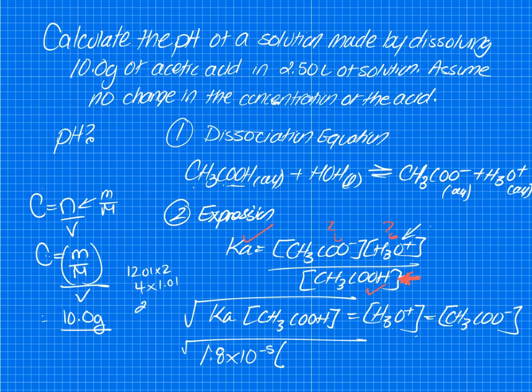And 2 oxygens, 2 times 16. So when I do that, I get 60.06 grams per mole. And then I'm going to divide that by 2.50 liters. Make sure when you do this on your calculator, you do this first, push enter, and then divide by that.